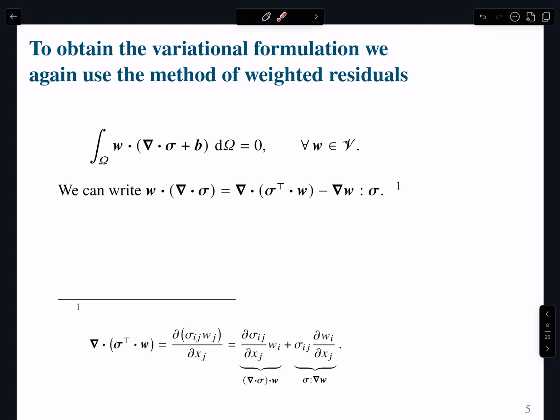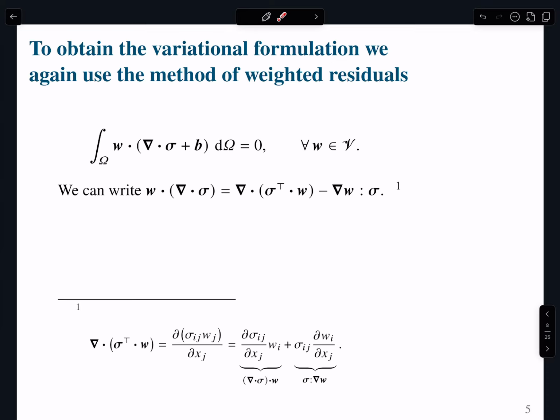All right. As in the heat conduction problem, we're going to apply an identity. So here I wrote that this term is equal to all that, and I prove it at the bottom. But for the time being, I am not going to say anything about the symmetry of the stress tensor, so I'm not going to use that property.